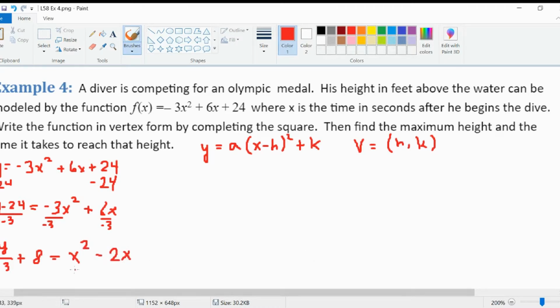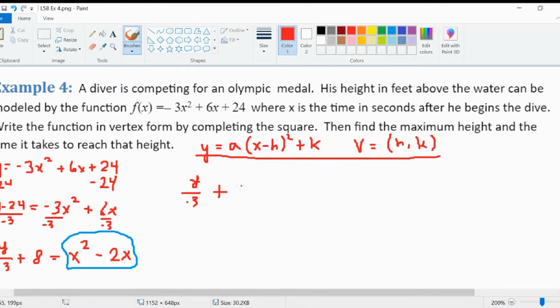Okay, so that's starting to look more familiar, especially this side, the side that we are going to complete the square on. I'm going to move this problem to above over to the right here, and then we'll kind of separate it from this because we'll use this at the end. But here's what we got going on. We've got our y over negative 3 plus 8 plus something, which we're going to complete the square with in a second, is going to equal x squared minus 2x plus something.